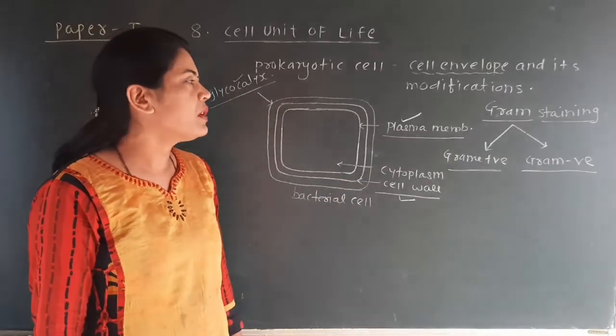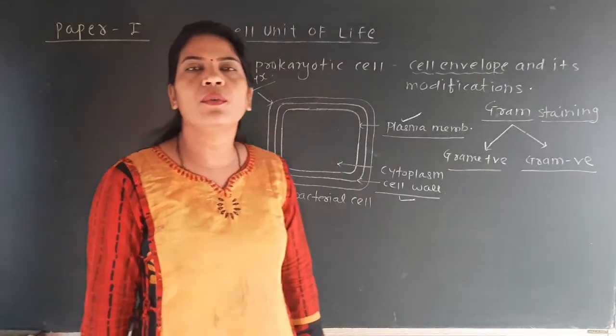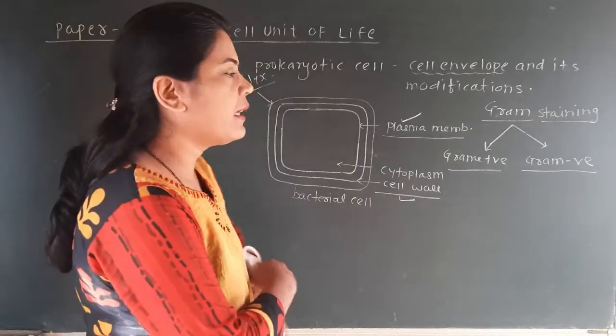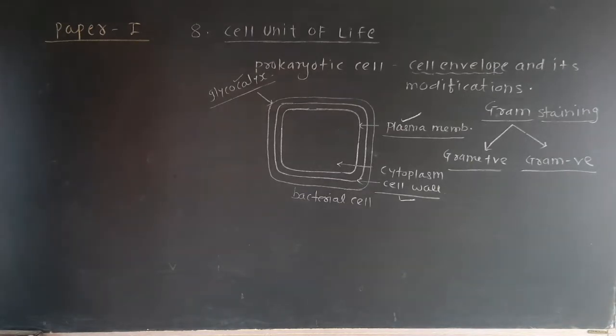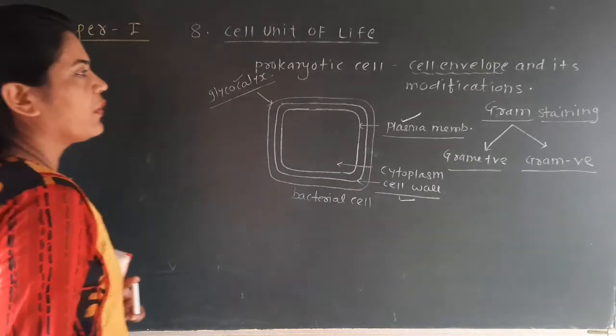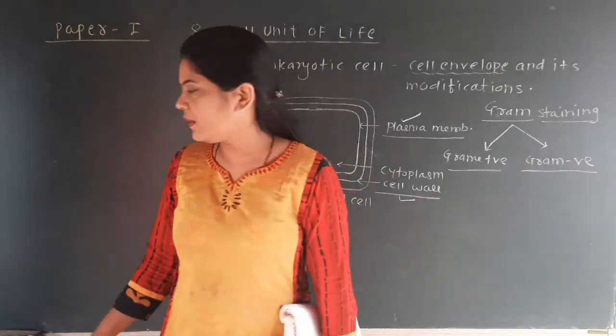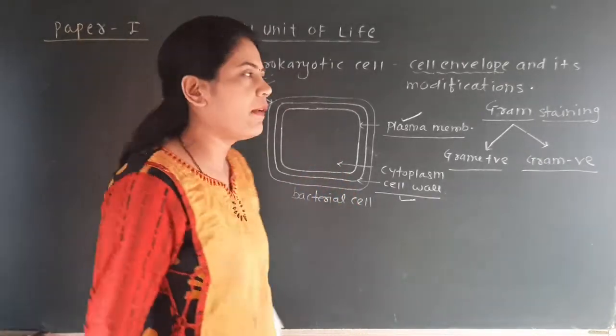Okay, so the first outer covering, or the outer cell envelope, that we are going to discuss is the glycocalyx. See carefully this figure, because by this figure we can easily identify the different types of cell covering or cell envelope.